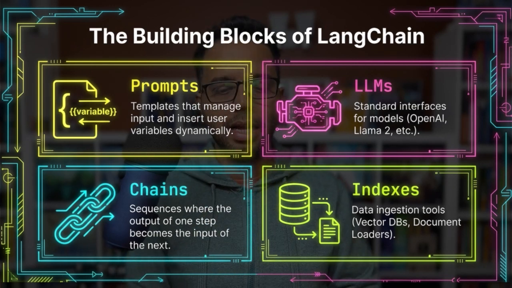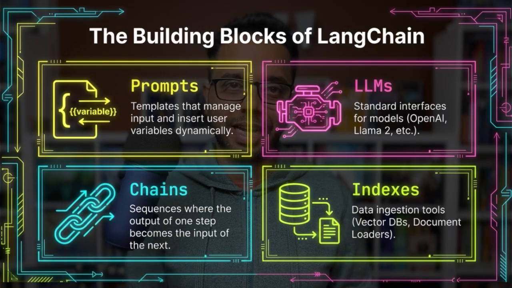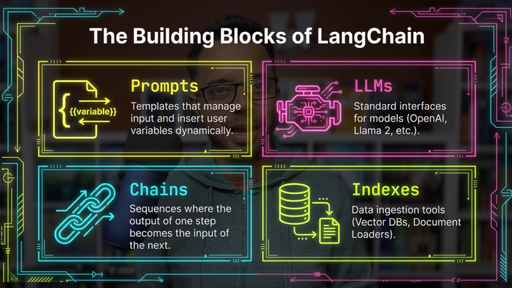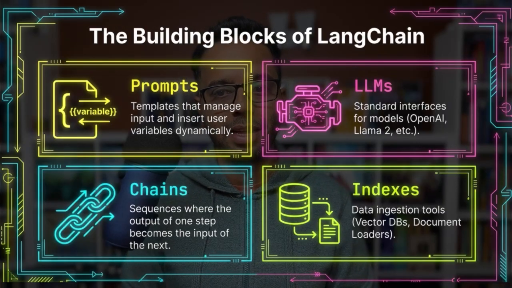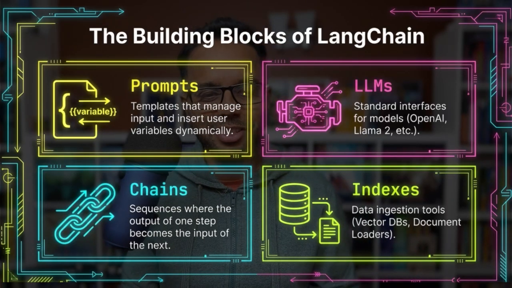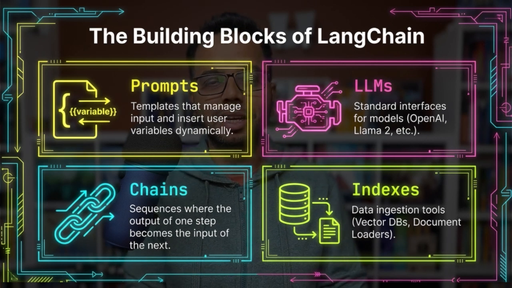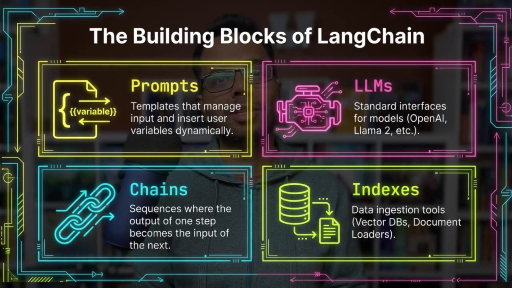Then there are LLMs. Now, this framework provides a standard interface for all models. It can be models hosted by OpenAI or Gemini, or models which are open source like Llama 2, Llama 3, which you have hosted yourself. It's a single interface which makes a swarm of LLMs available to you, which you can access through some classes and APIs. Then of course, the name says LangChain. So there are chains, which are sequences where the output of one step can be an input to the second step.